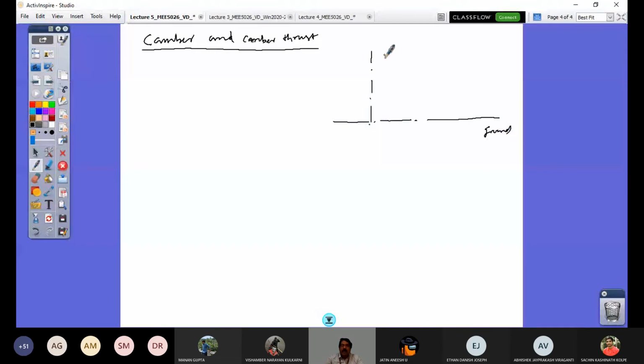My tire is going to be now like this with some camber angle, and I'm drawing an exaggerated diagram. The angle I'm drawing is not actually going to be present in your vehicle. That would be a very small angle, maybe half a degree to 1 degree for a passenger car tire. But I have exaggerated it here.